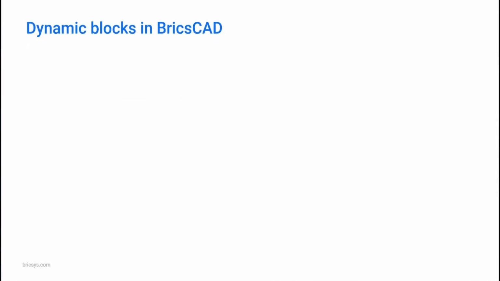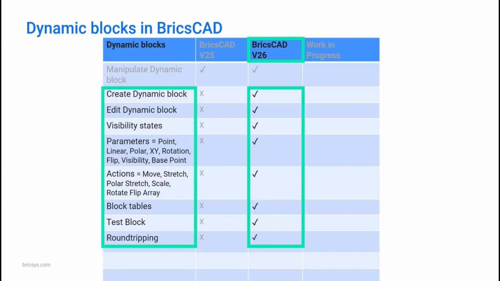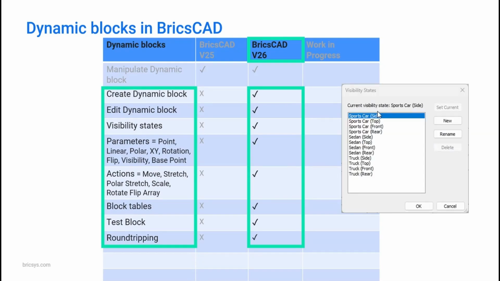Okay, so we just saw a new dynamic block created in BricsCAD V26. Let's look at the details of what is and is not supported in BricsCAD. You can create specific types of dynamic blocks and edit specific actions of those dynamic blocks. What do I mean by that? Well, let's start with visibility states, which allow you to control which entities within a dynamic block are visible at any given time.